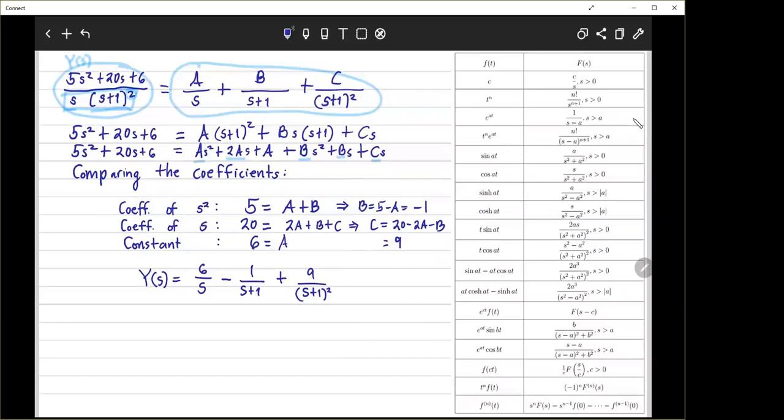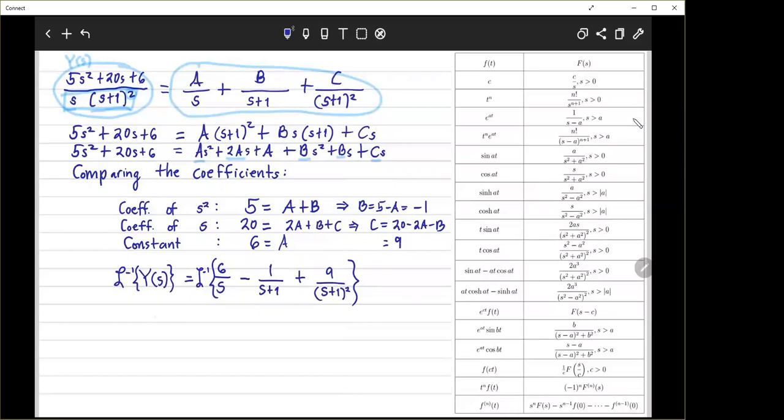And then we can now take the inverse Laplace of both sides. Adjust ko na lang yung spacing. Ayan. So inverse Laplace ng y of s equals the inverse Laplace of this partial fraction decomposition.